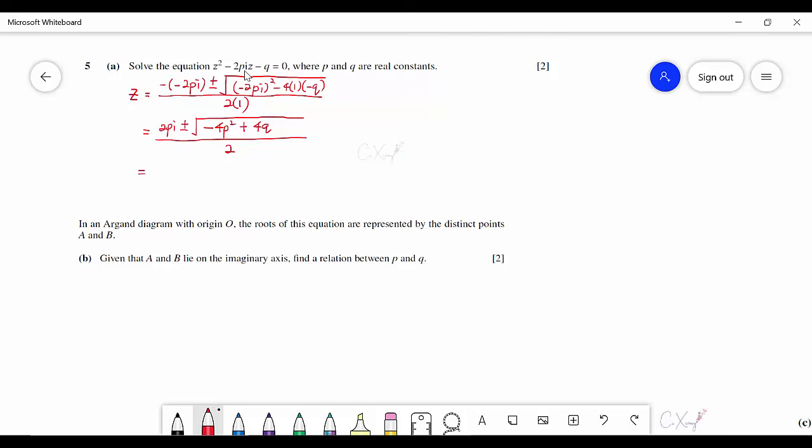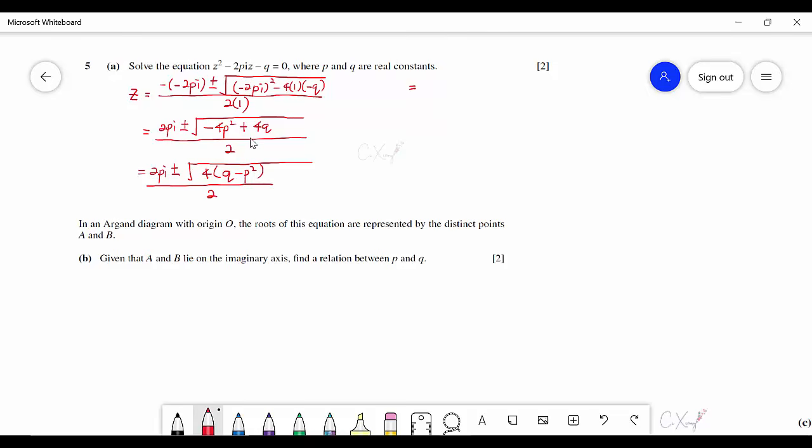If I want to further simplify it, I can see that both terms inside the square root have 4, so I can factorize out the 4, then having q minus p squared, divided by 2.